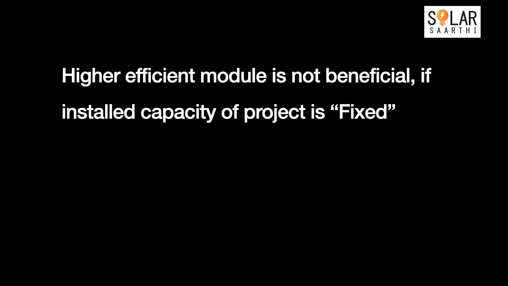So a higher efficiency module is not beneficial if the installed capacity of a solar PV project is fixed, as we have seen in scenario 1, where 10 kilowatt was the project capacity and that was constrained. In that scenario, whether you use a lower efficiency module or a higher efficiency module, it does not matter.